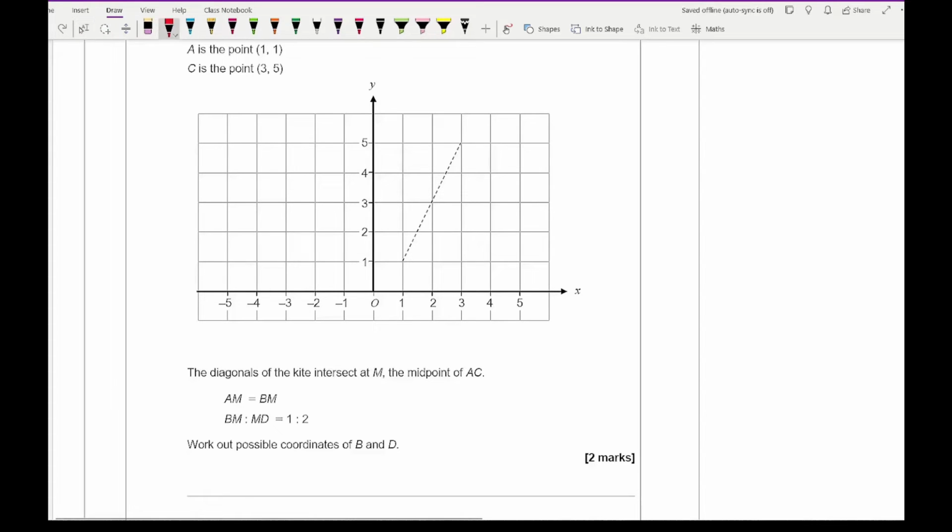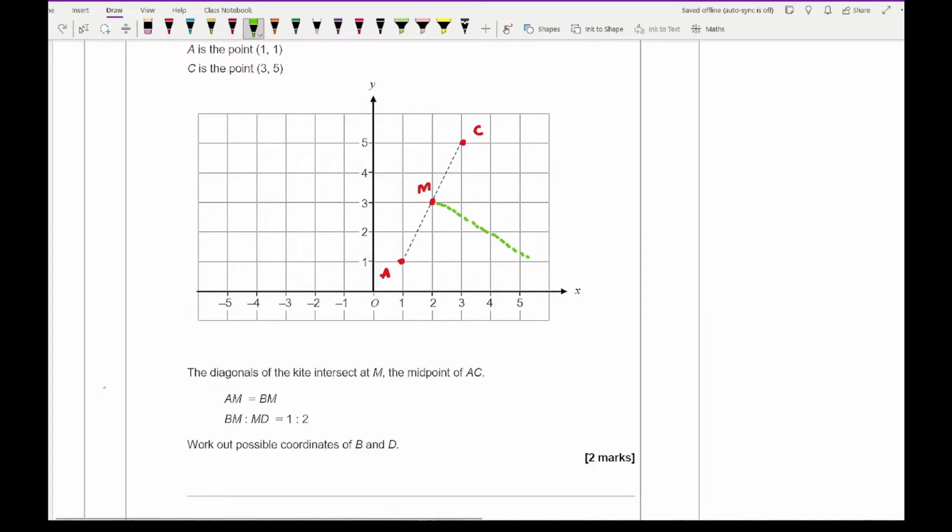So first of all, let's start by labelling the points A and C and the midpoint, which is M. Now, the diagonals of a kite are perpendicular, so we need to draw a line perpendicular to AC, but also going through M. So that's going to be a line that basically goes here.